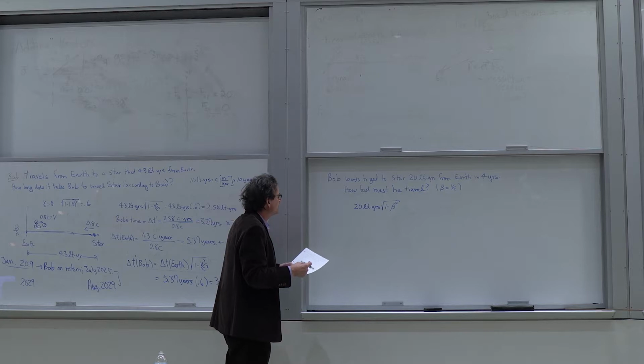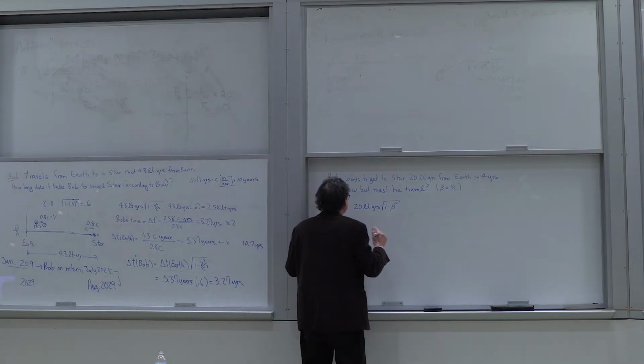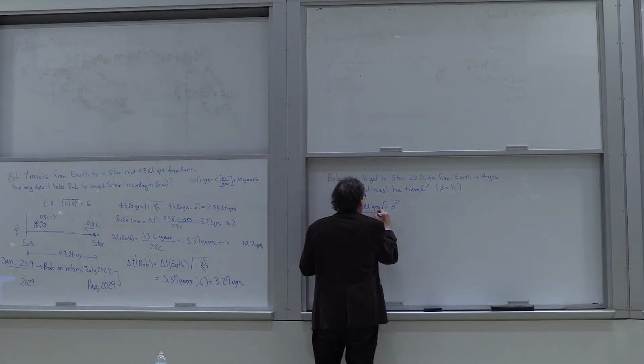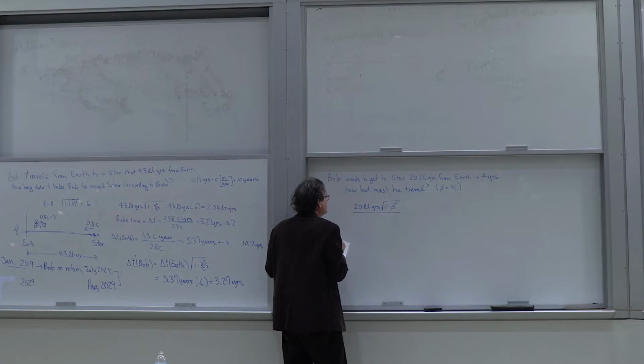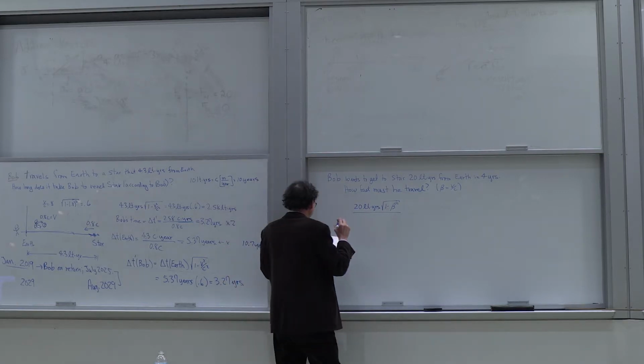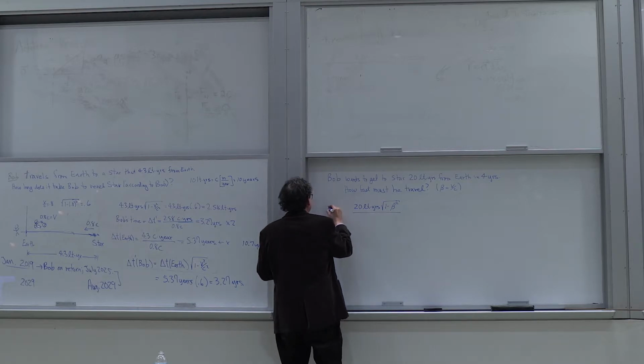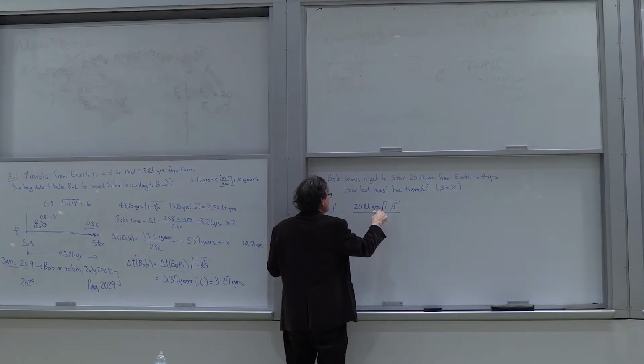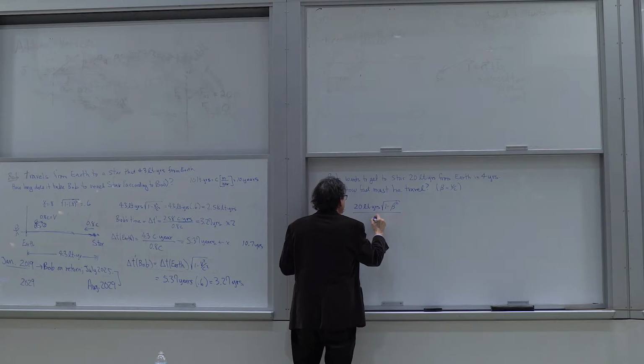So this is his contracted distance, and now he needs to divide by his own speed to get his time. So delta t prime, which is Bob's time, is going to be 20 light years times square root of 1 minus beta squared, divided by beta times c.